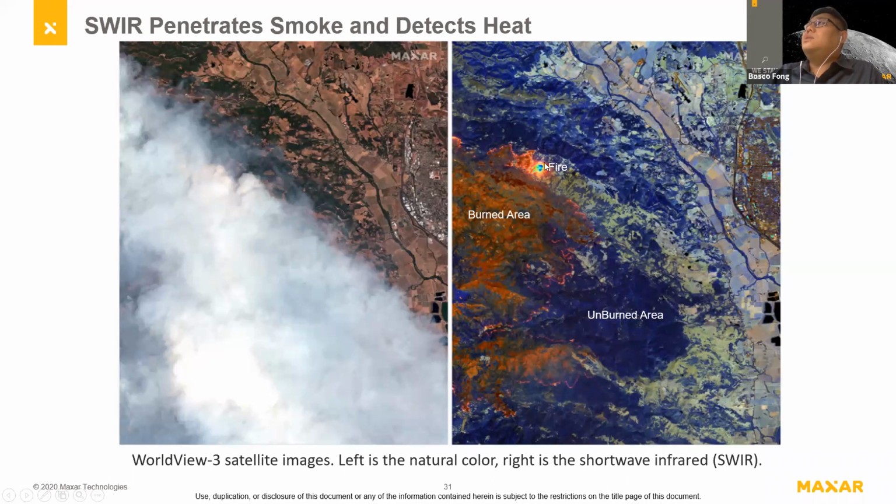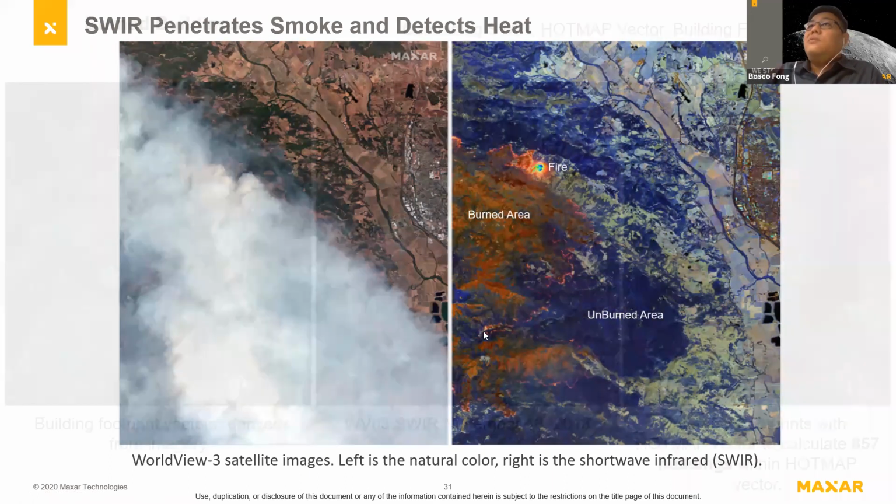For example, this is the high thermal band, the high temperature area. So we can detect the active fire, and also differentiate the burnt area and unburned area. This kind of information is very helpful to support firefighters to plan their approach.